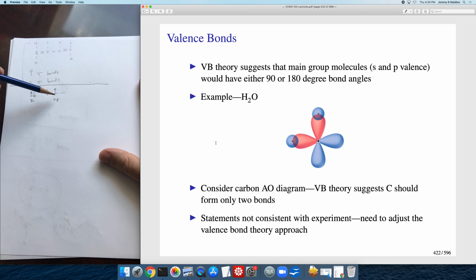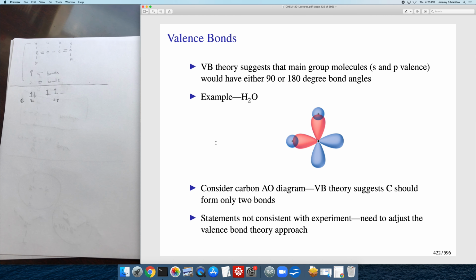If you need to form a chemical bond involving half-filled atomic orbitals with carbon, it suggests that carbon would only form 2 chemical bonds. However, carbon typically forms 4 bonds. This isn't consistent with what we know experimentally. This is what the valence bond theory would predict, but it's not correct in terms of what's known about the chemistry of carbon.